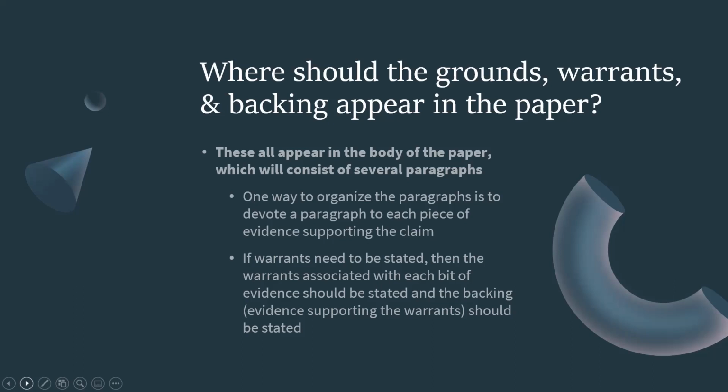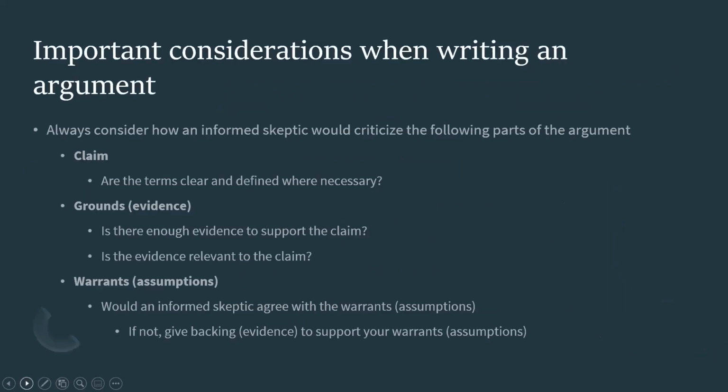So within the paragraph you might have the evidence supporting the claim, the warrants, especially if those are controversial, and then the evidence for your warrants, and then move to the second piece of evidence supporting the claim, which you've already stated as a supporting reason in the enthymeme. So we're really unfolding what we said in the enthymeme, and this part is in the body of the paper.